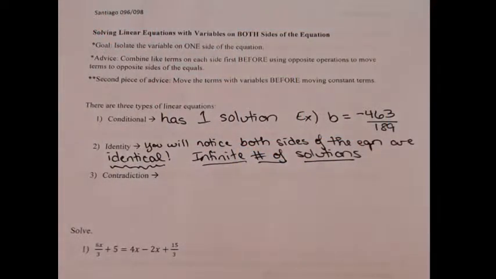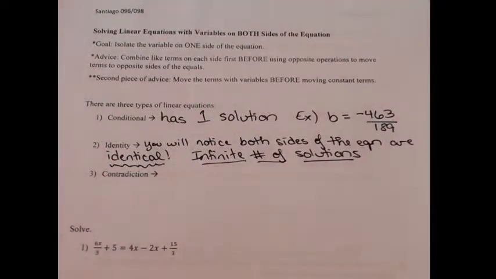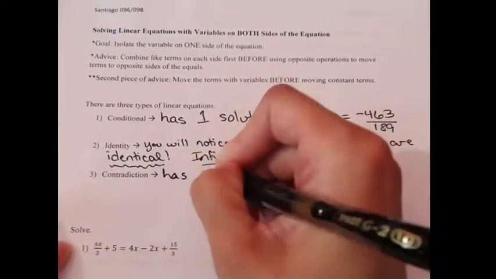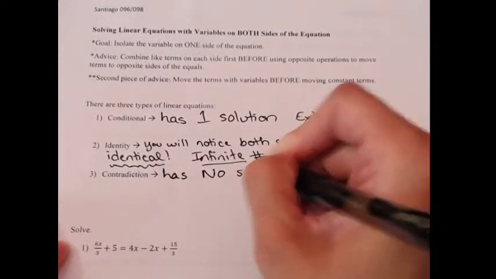All right, contradiction. A contradiction is different. Think of contradiction as being like a no statement. It's a little bit harder to see, but I will note here first that a contradiction has no solution.